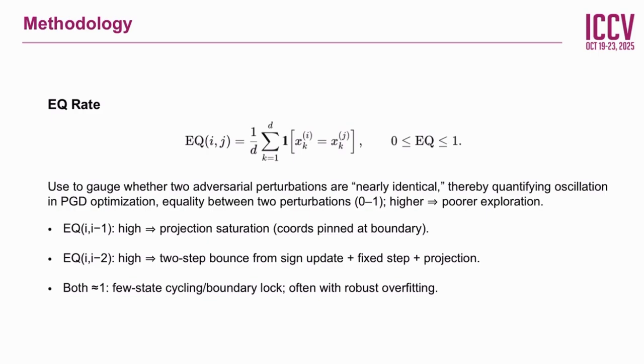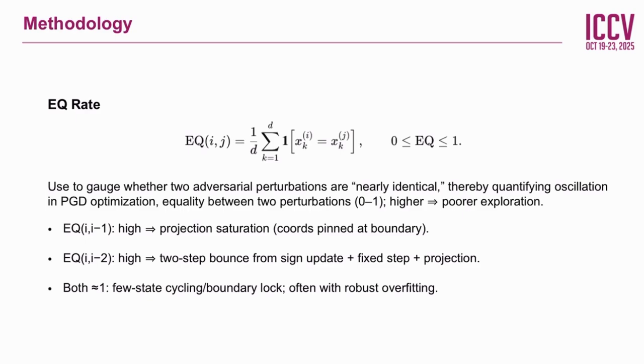And let's take a closer look at the methods. The EQ rate is used to gauge whether two adversarial perturbations are nearly identical. In other words, it quantifies the oscillation during the PGD optimization, providing insight into how much the perturbations are repeating or cycling.